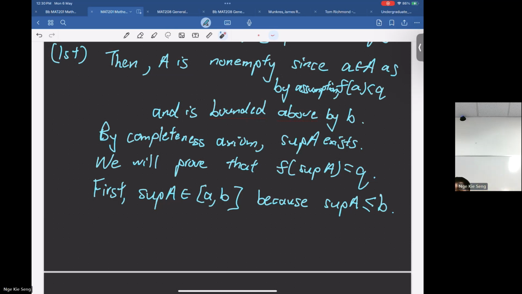Try and think how to prove this. Maybe Larry's idea is a good one, so that you can use the continuity of f.